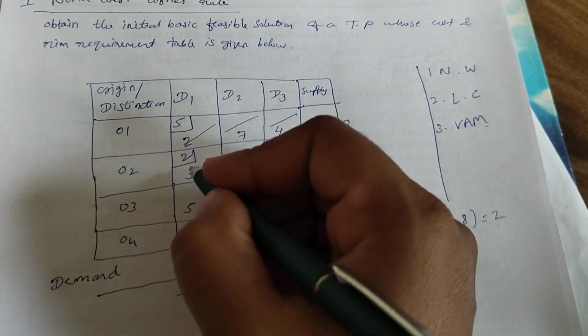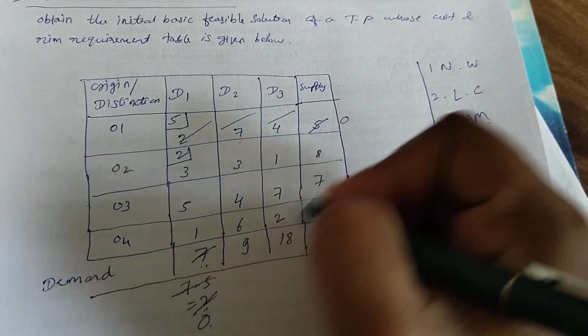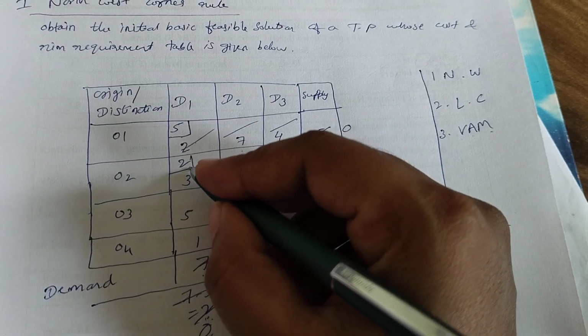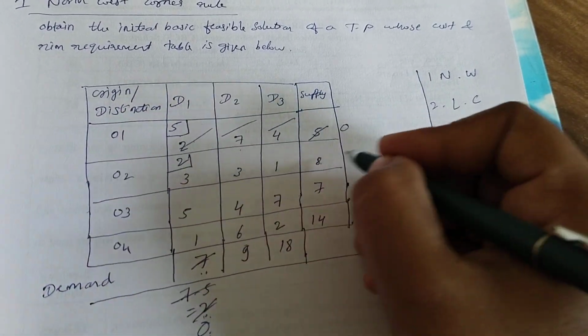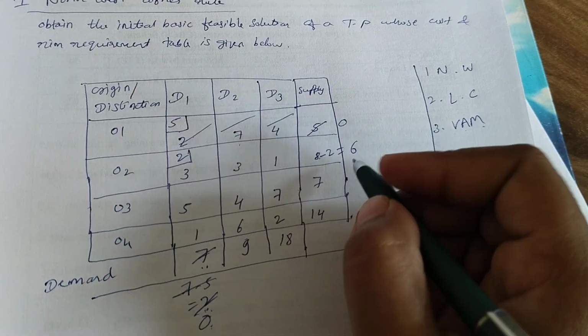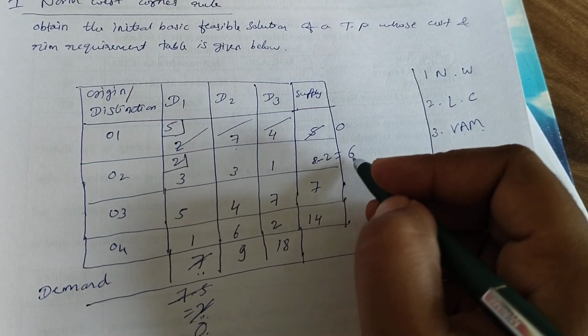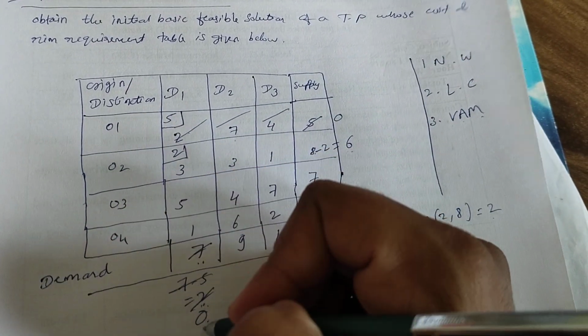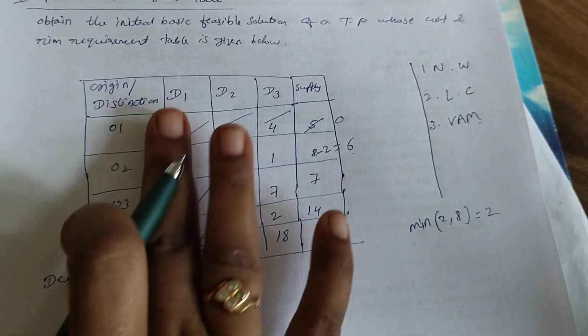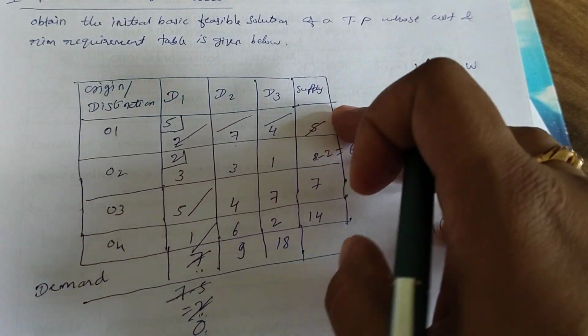Then 2 minus 2 is 0, so the demand is fulfilled. Among the 8 supply, you have supplied 2, so 8 minus 2 equals 6. Again 6 is left in the supply part. Since the column is made 0, delete this column, and the first row is also deleted.